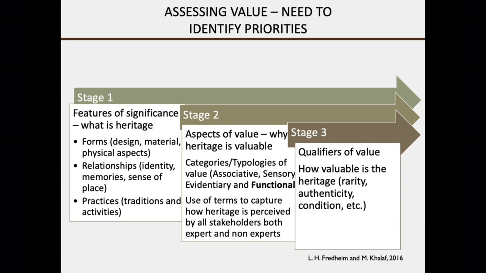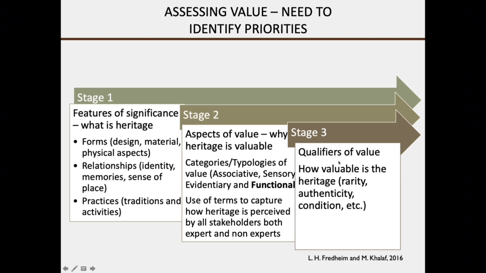And in order to go further into assigning values, a weighing system is also important. A weighing system needs to be adopted on how to rank the values that have been assigned to heritage.